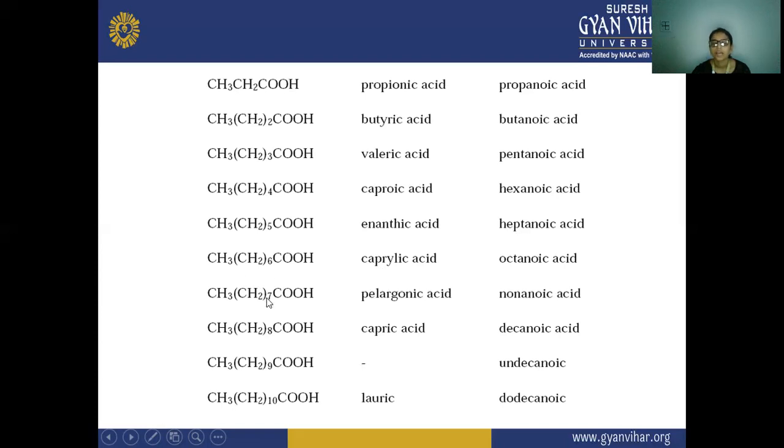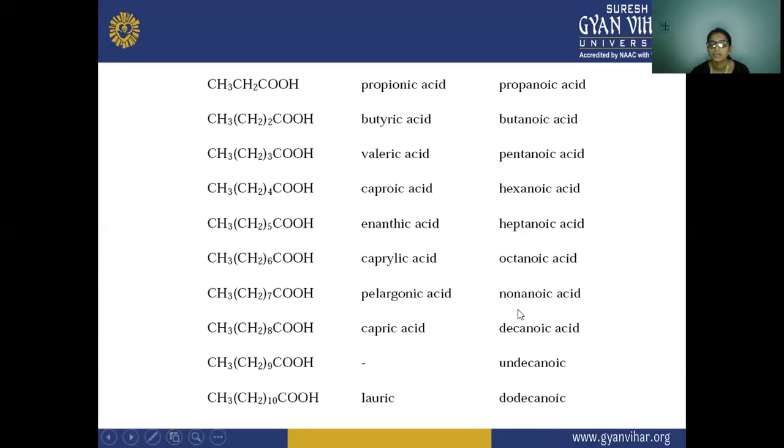Next is the 9 carbon atom compound, and its name is pelargonic acid. So according to the common name, the 9 carbon compound is pelargon, and ic is applied to it, that is pelargonic acid.